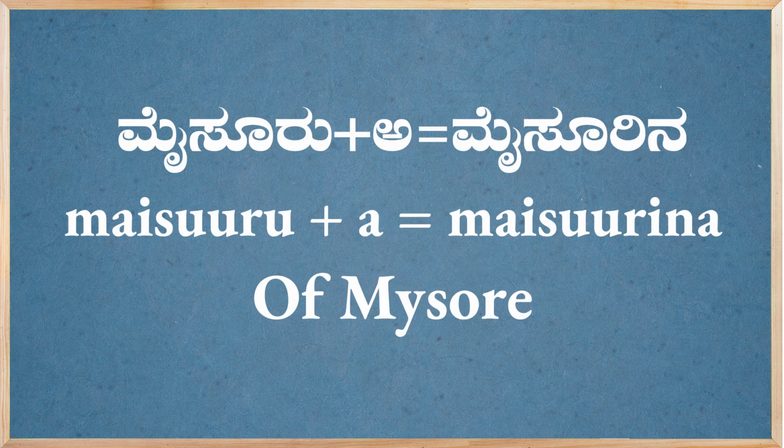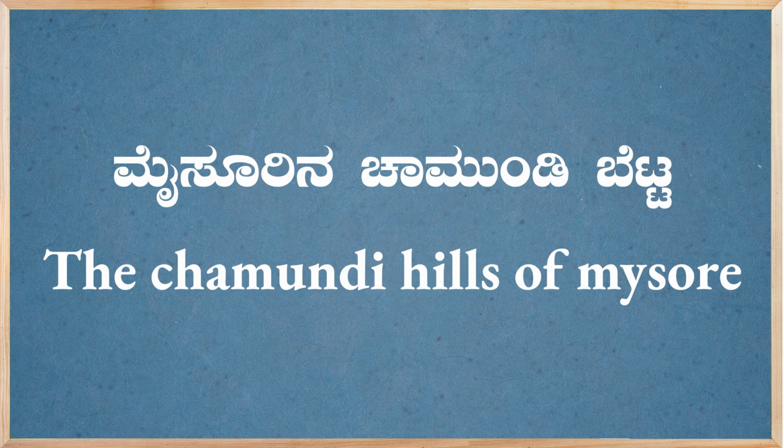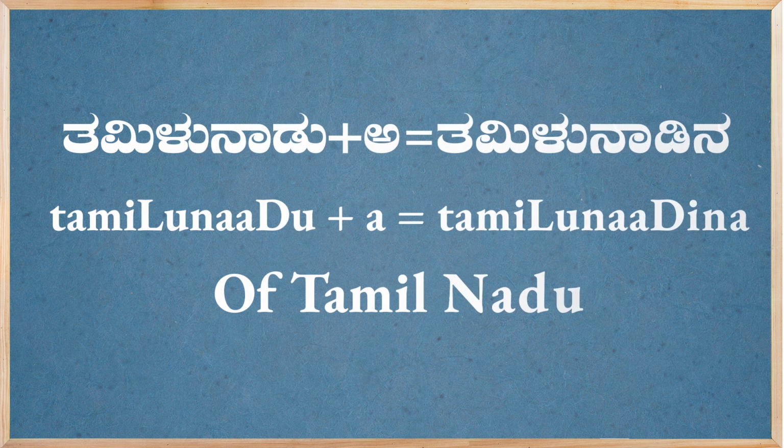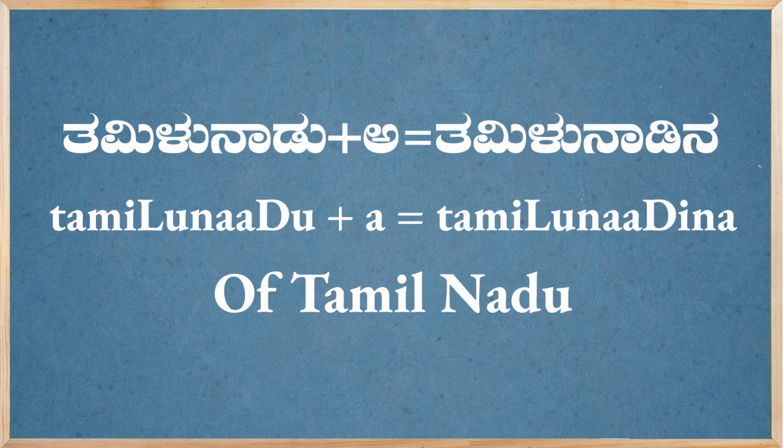Mysuru plus a becomes Mysurina. Mysurina, which means of Mysore. For example, Mysurina Chamundi Betta, the Chamundi Hills of Mysore. Tamil Nadu plus a becomes Tamil Nadina.